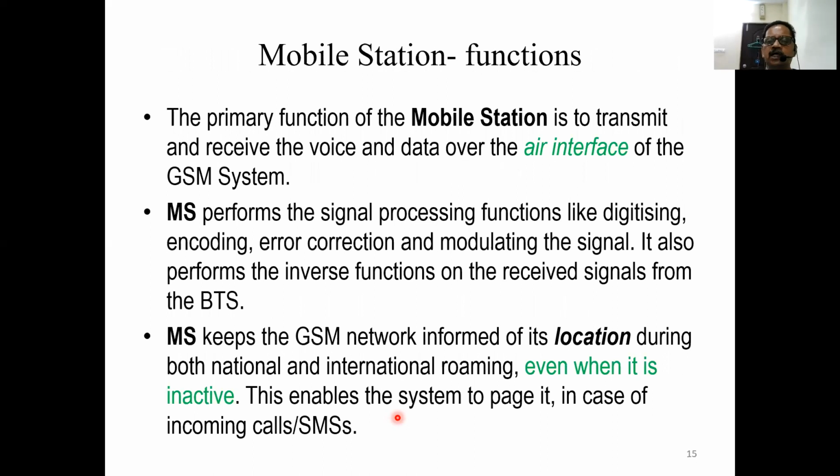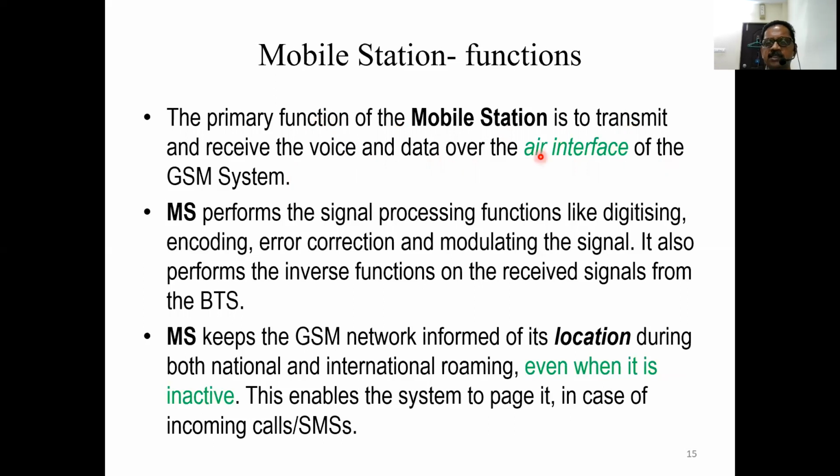Then we will look into the main functions of the mobile station. Once again I reiterate, the mobile station is nothing but your handset with SIM. The primary function of the mobile station is to transmit and receive voice and data over the air interface of the GSM system.